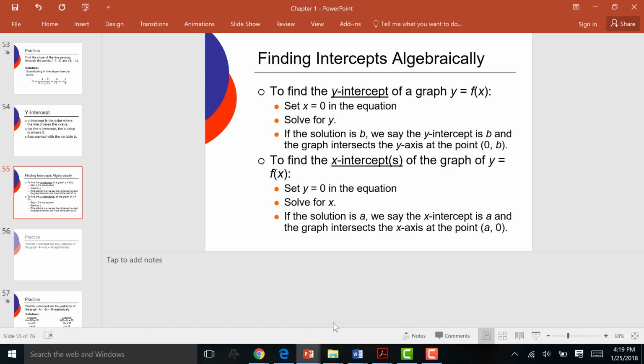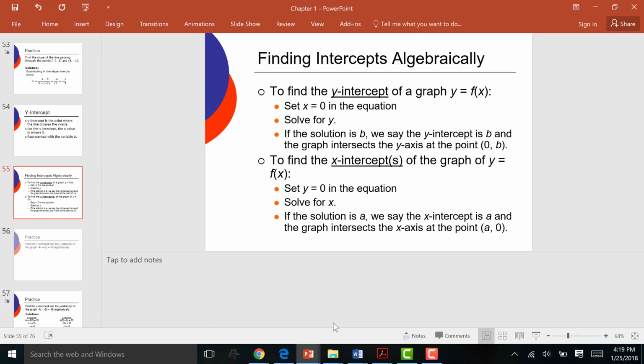4, comma 0. All right, let's do the exact same thing for the y-intercept, only this time we're going to plug a 0 in for the x, since we already did it for the y. So we're going to find the y-intercept. Plug in 0 for the x.